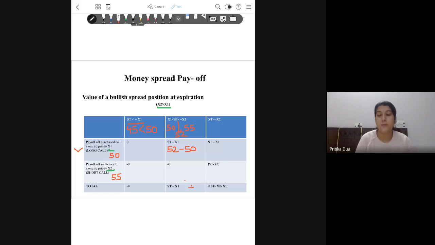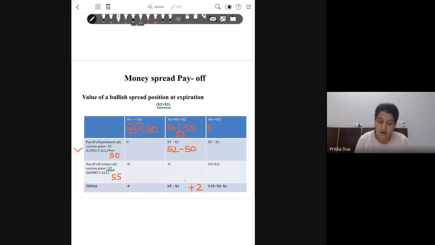Now the third scenario will be when the spot rate in the market is higher than both X1 and X2. So say the market expires at 57 rupees. The value of the share at the time of expiry is 57, which is higher than both X1 and X2, and hence both the option contracts will be exercised.